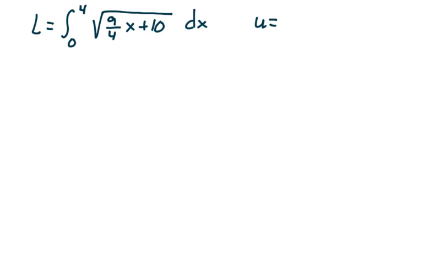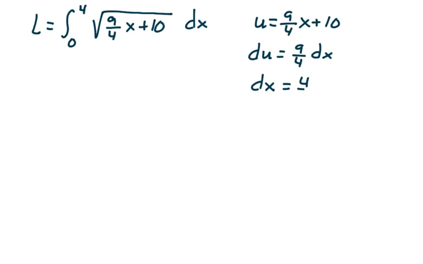So I'm going to let u, because of that fraction, let's do a u substitution. So I'm going to let u be 9/4 x plus 10. du is 9/4 dx. So dx is 4 over 9 du.